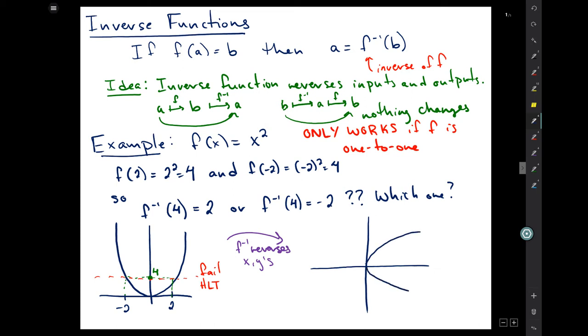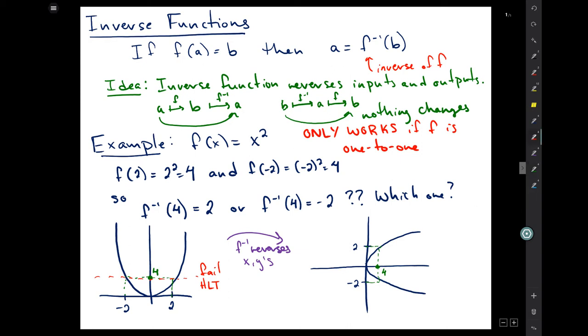My graph for f inverse would have to look like this. So here's 2 and minus 2 on the y-axis instead of the x-axis. And we can see that if we try to compute f inverse of 4, we don't know whether to take it up to 2 or take it down to minus 2.